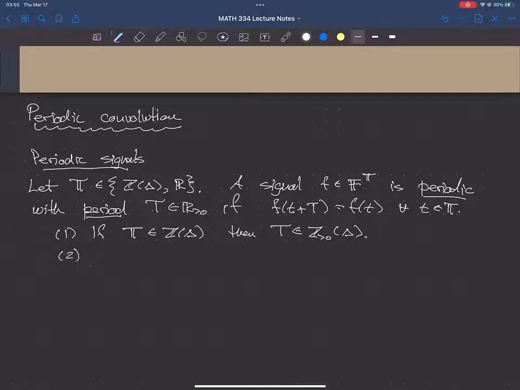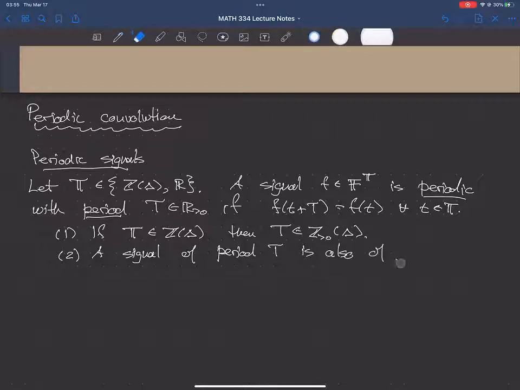So a signal of period T, so periodic with period T is what I mean by that, is also of period kT for any positive integer k, and that just follows immediately from the definition.